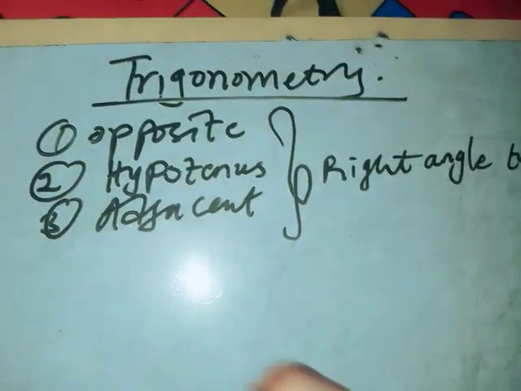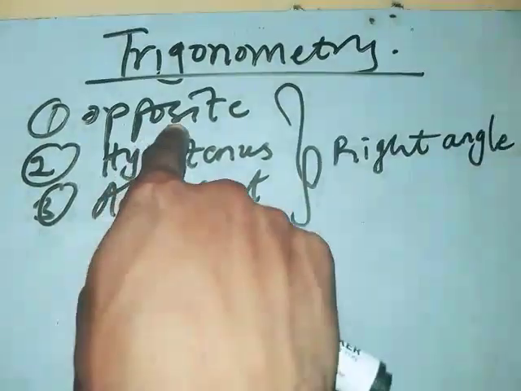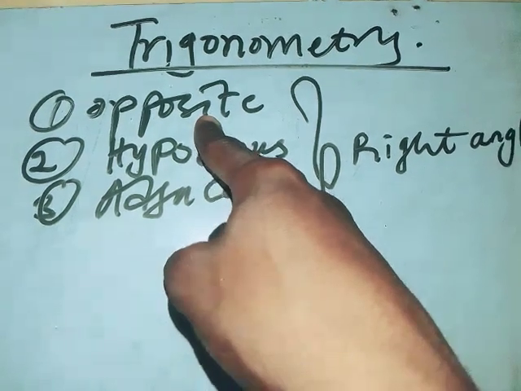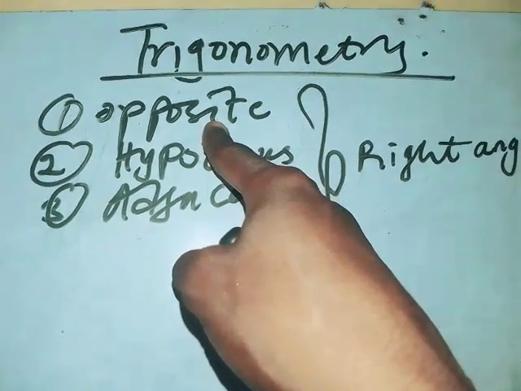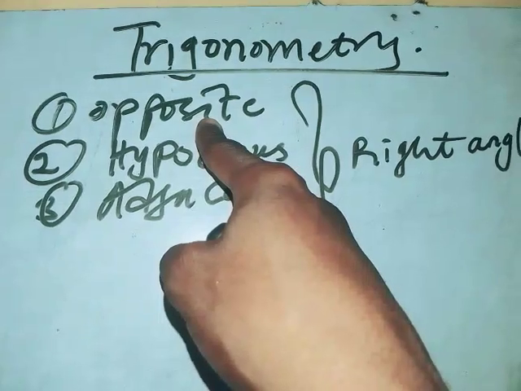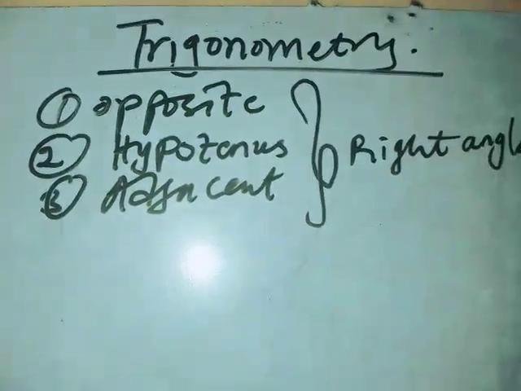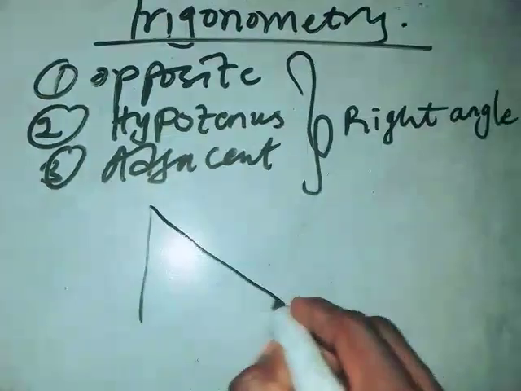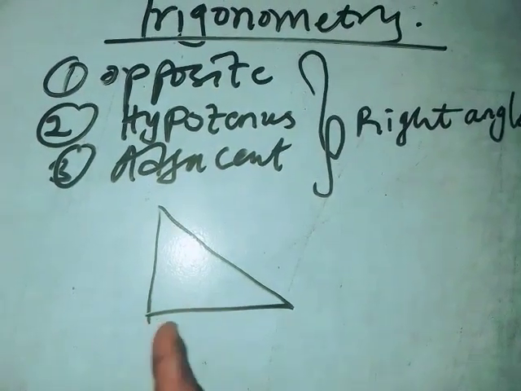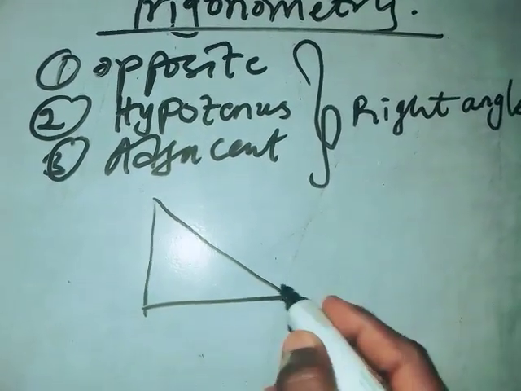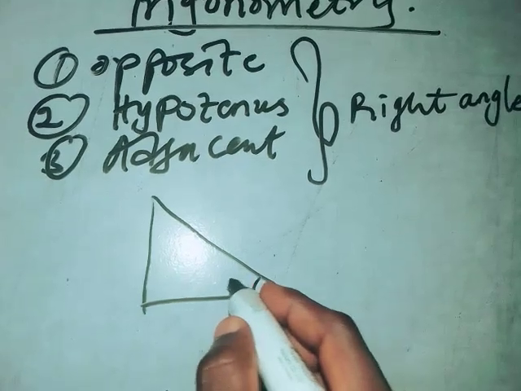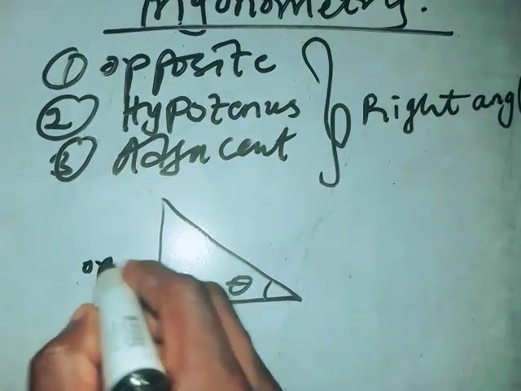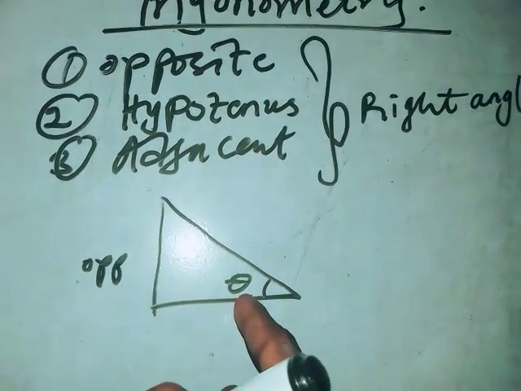Now, how can we define opposite? The opposite of any angle is the side facing the angle. For example, if you have a triangle and you say this is my angle, this is my theta, I can call this side my opposite, because opposite faces the angle.